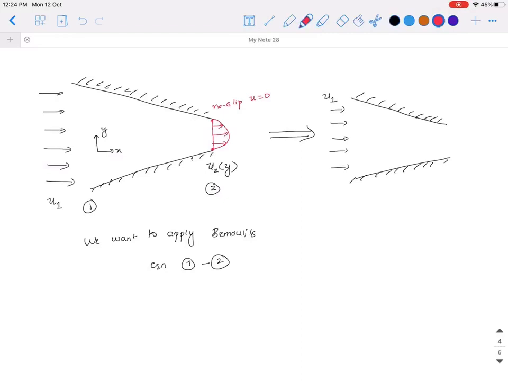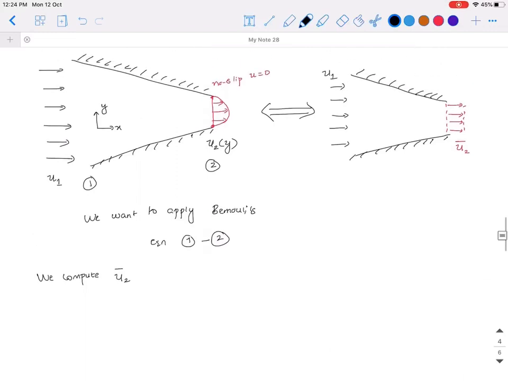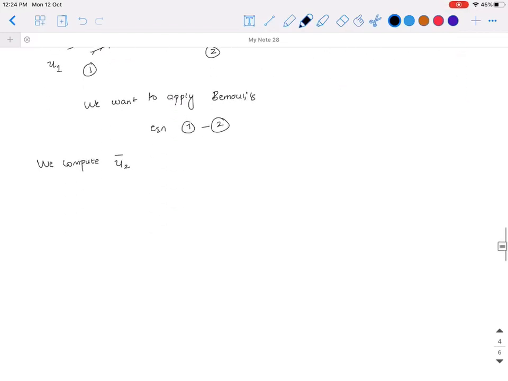And to apply Bernoulli's equation, we will assume a uniform velocity distribution. We assume that the velocity distribution is uniform, which is, let's say, u2 bar. So we compute u2 bar, which is the equivalent uniform velocity profile, from the spatial distribution of velocity.